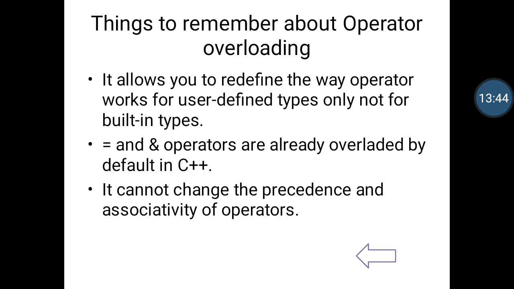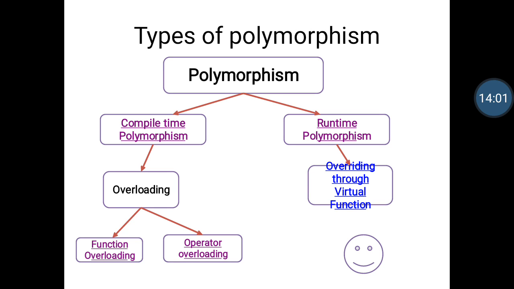One more very important point is that we cannot change the precedence or associativity of the operators. So we can't change the conventional meaning of the operators. These are the important points related to operator overloading.